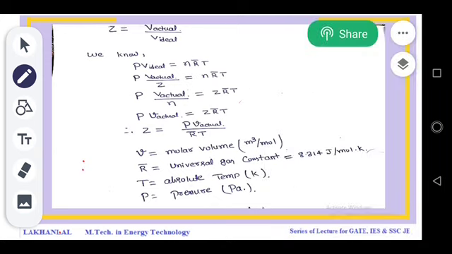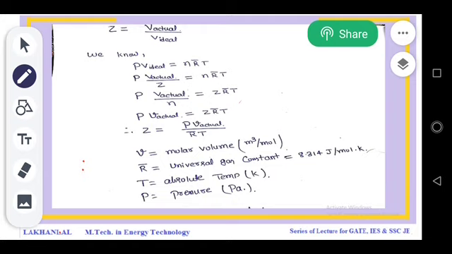Now come to this. Z is equal to, what is this compressibility factor? It is equal to the actual volume of the gas, the volume actually occupied by the gas, divided by the volume we predict from the ideal gas equation.